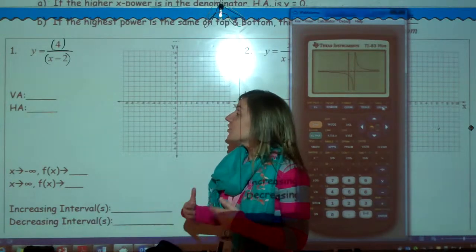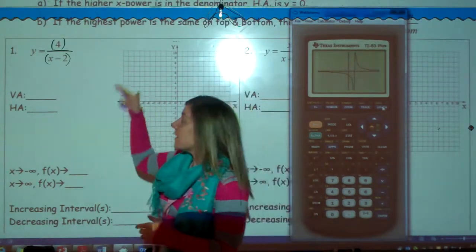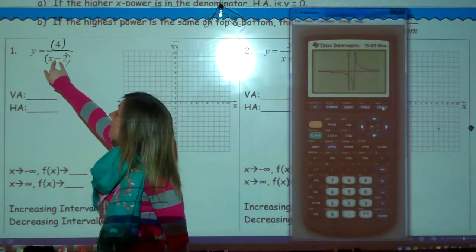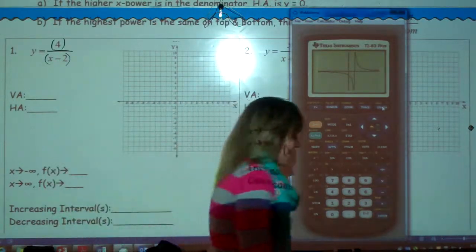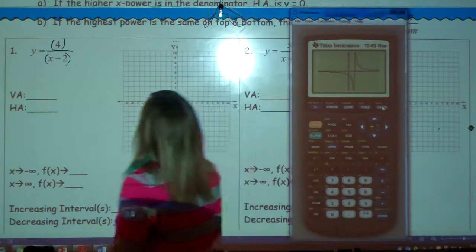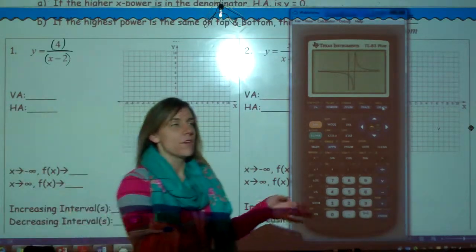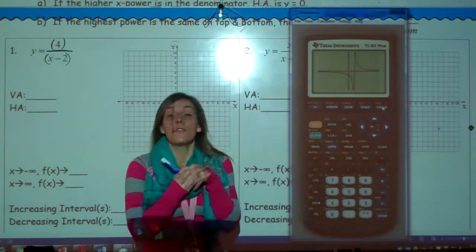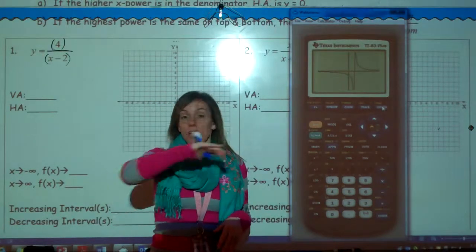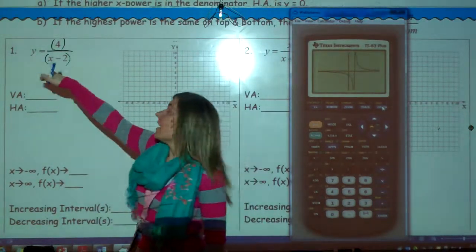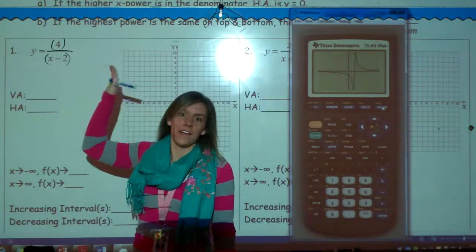In order to find that, what you do is you set the denominator equal to 0. The way my class and I thought about it last year was that if you're looking for the vertical asymptote, look horizontally at your equation.